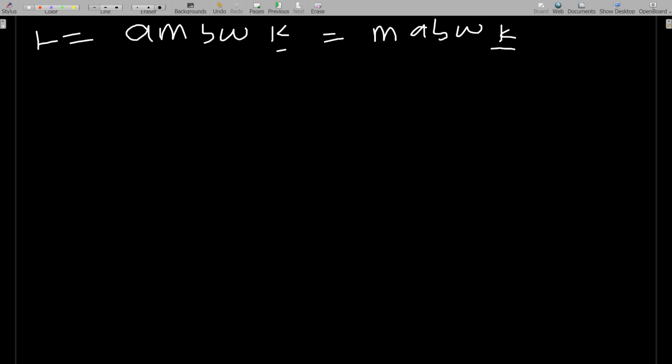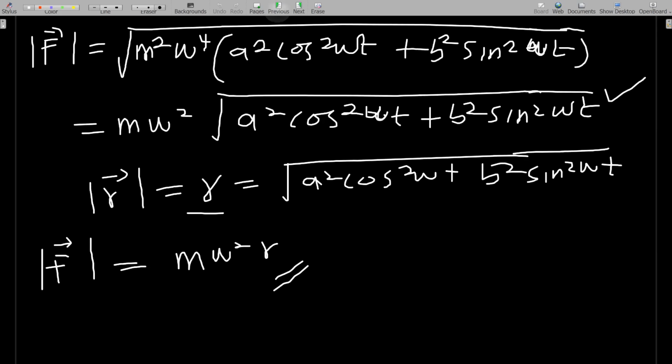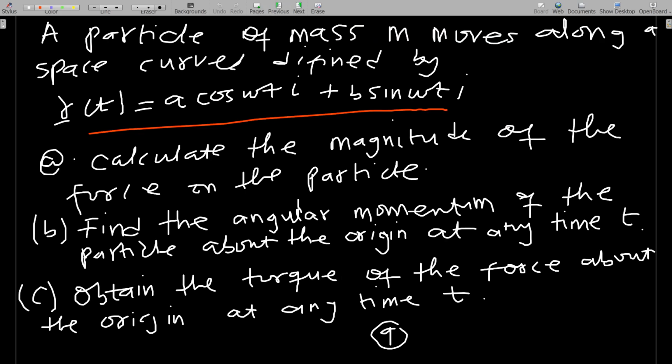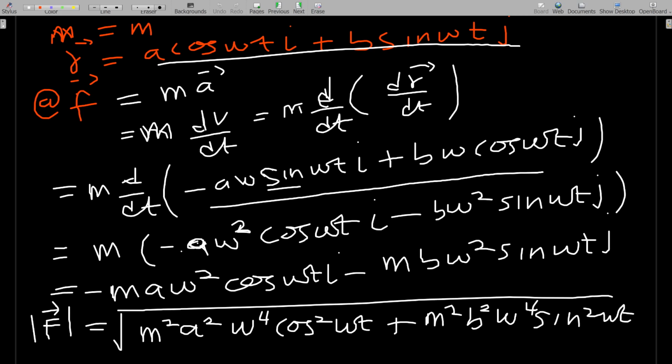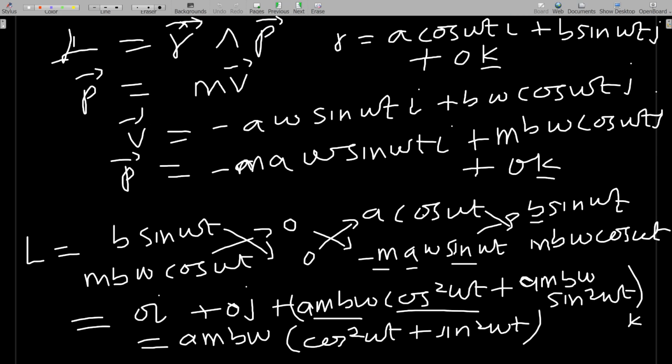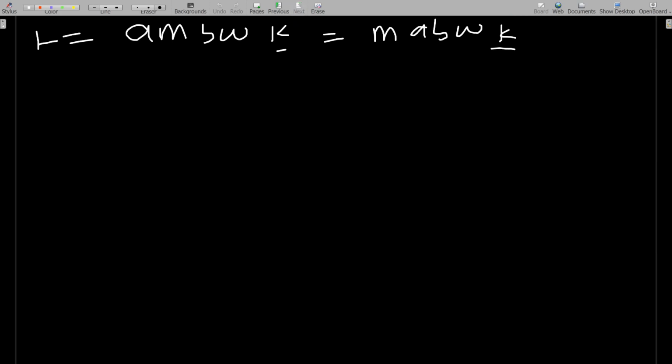Now the last one is to obtain the torque of the force. The torque is simply R cross F, and we know the force F and we know R, so I'll just quote them here.